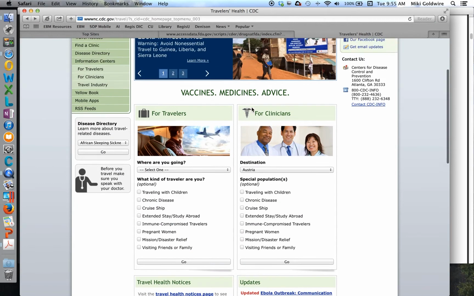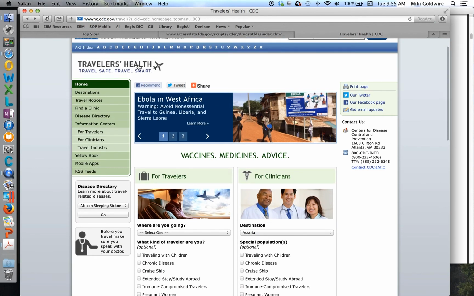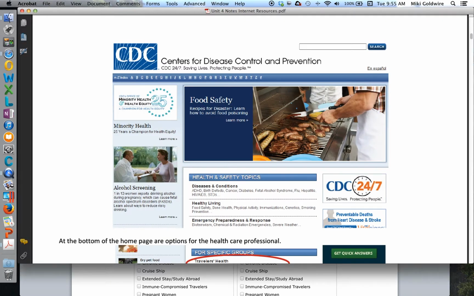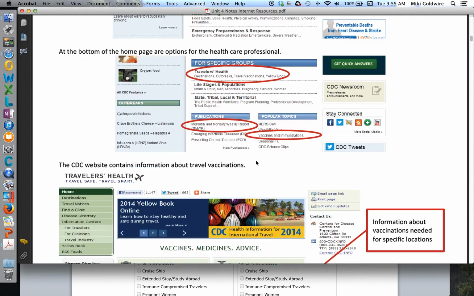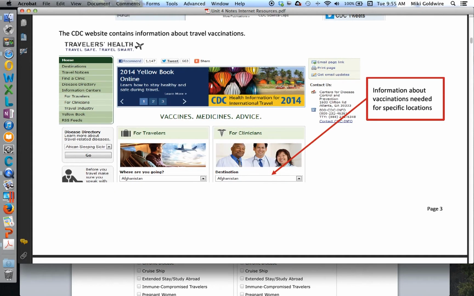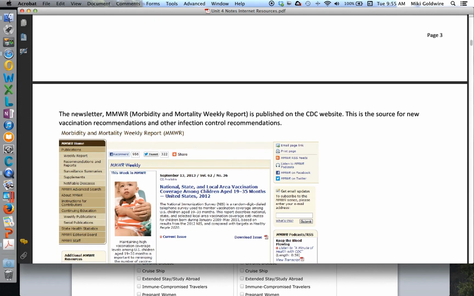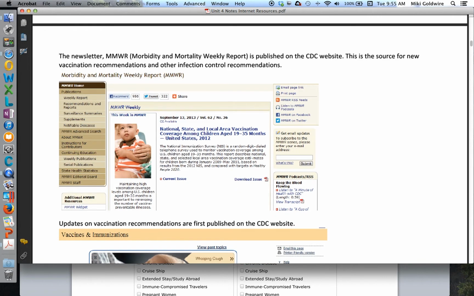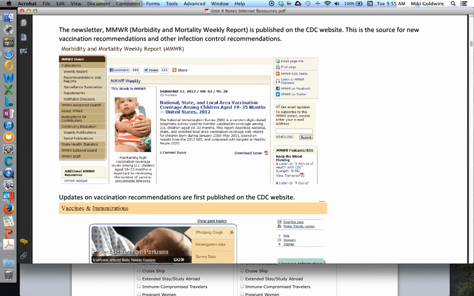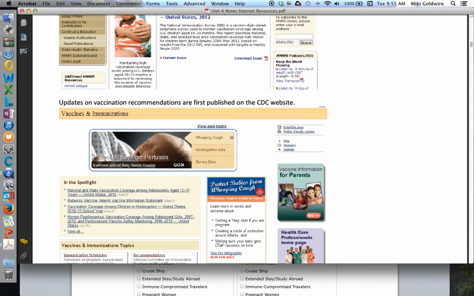Again, this is the vaccine, traveler's health, and knowing what vaccinations are needed when traveling to other countries. So get in the know, as I mentioned, the traveler's health information, and then the MMWR, which is exceptional, especially for vaccination information.